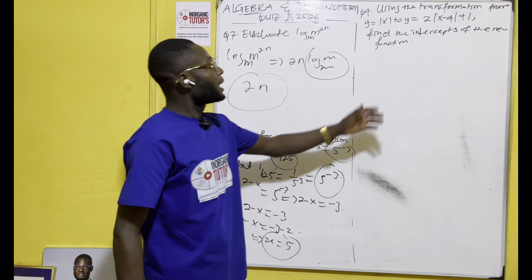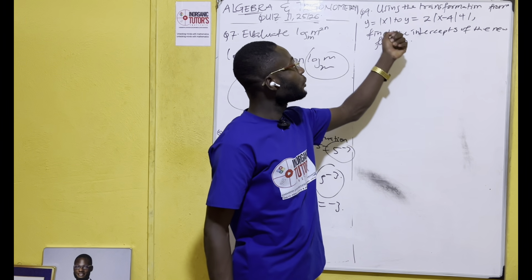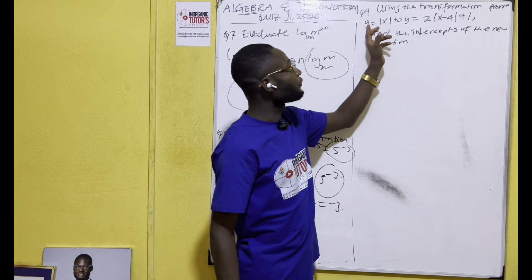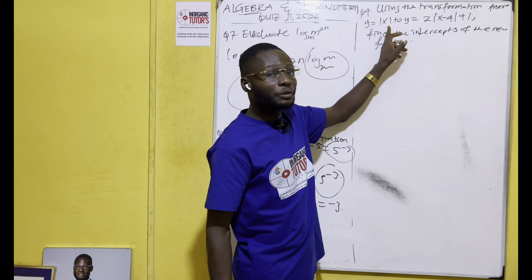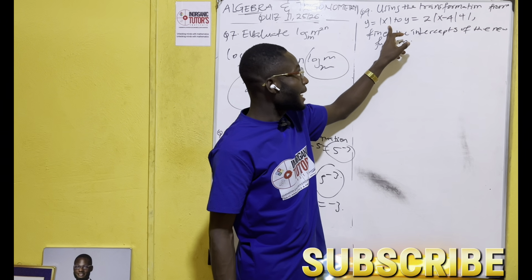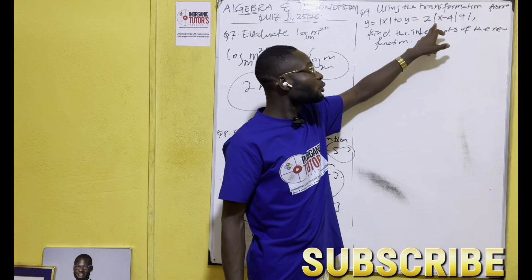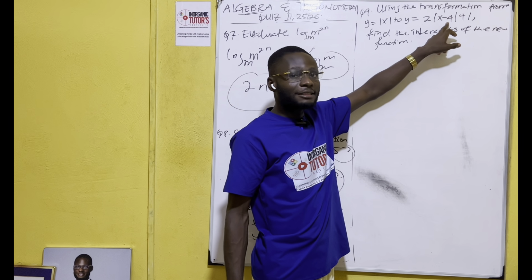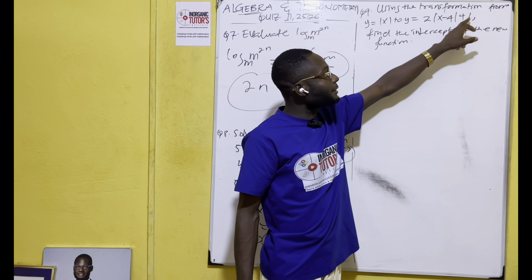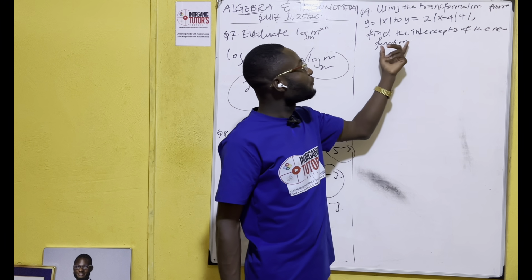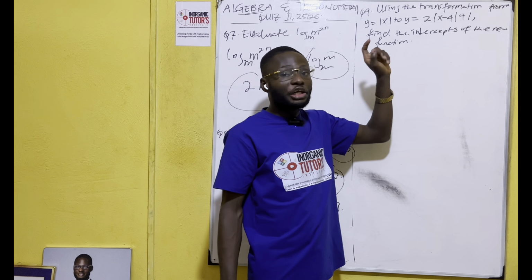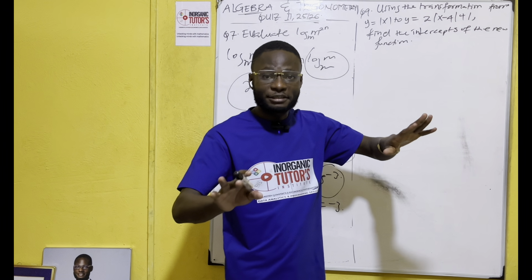Good. Now with question number 9, we want to use this transformation from y equals absolute x to y equals 2 times absolute x minus 4, plus 1, to find the intercept of the new function. Now this is very simple.